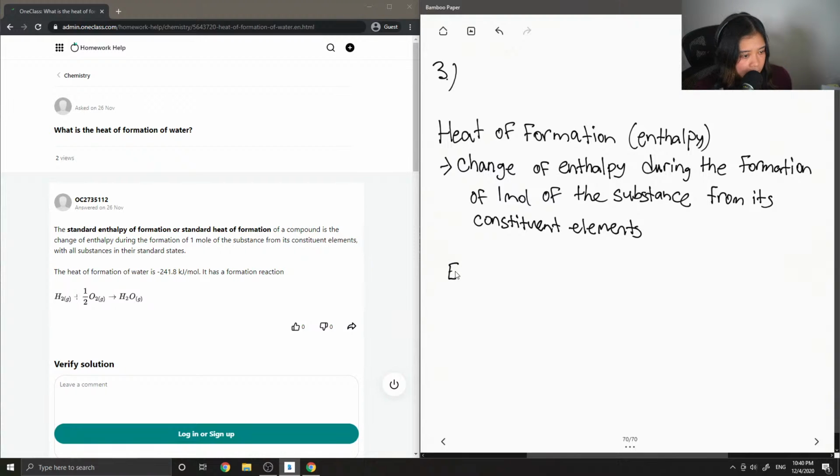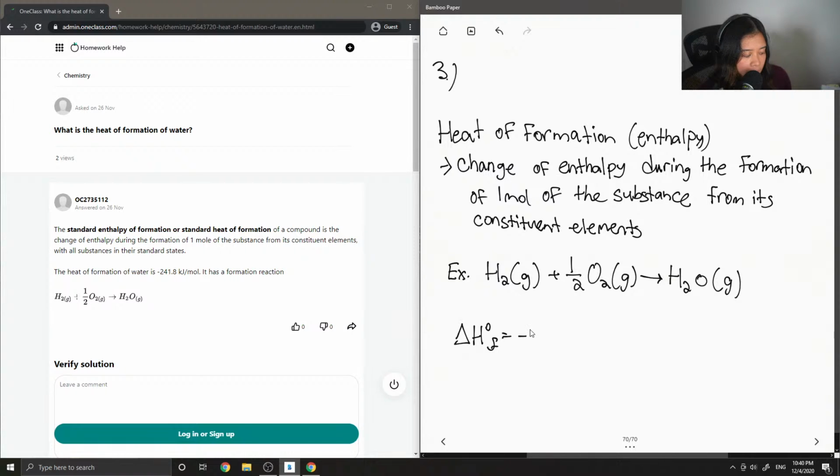So for example, you can have hydrogen gas plus half of an oxygen makes H2O. So there are 2 delta H formation values for water.